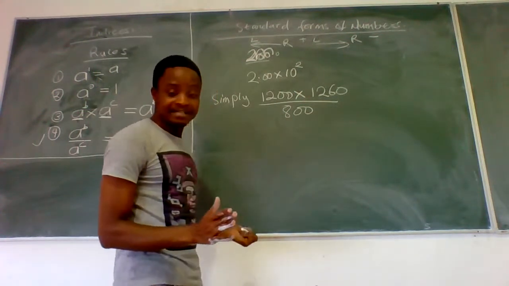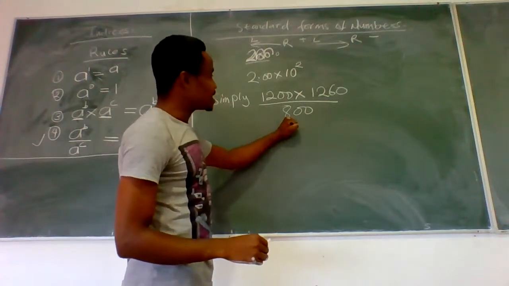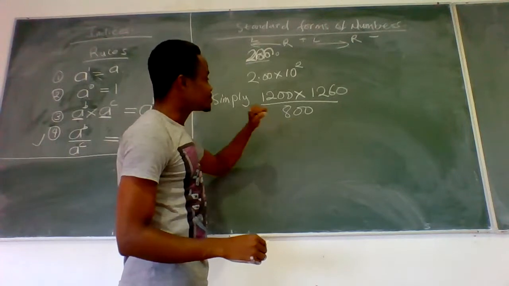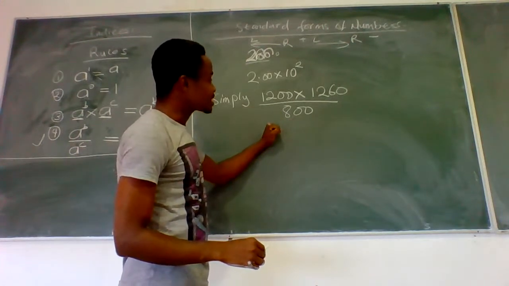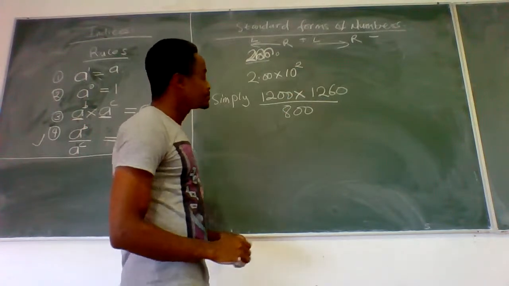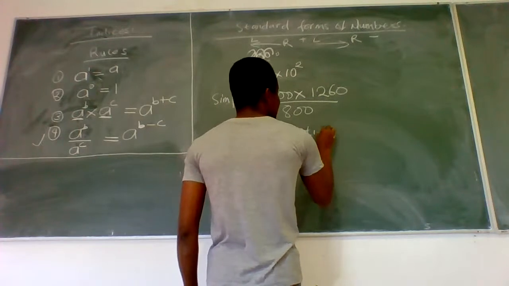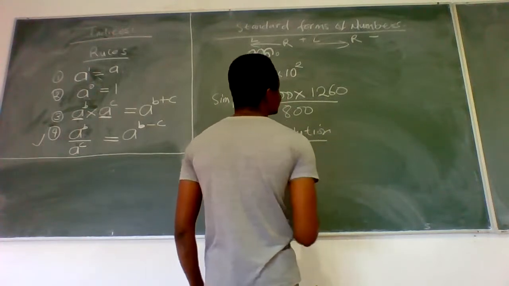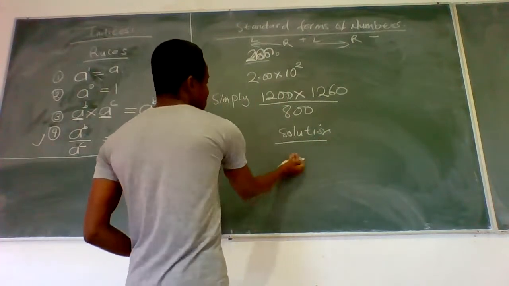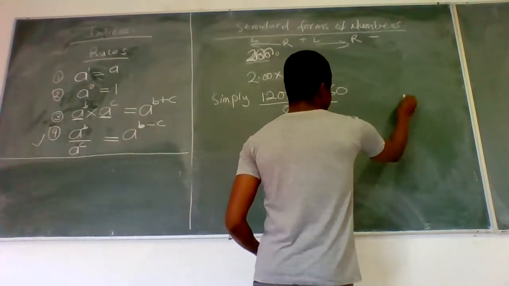So it's two things: either you simplify first and afterwards convert your answer to standard form, or you put this into standard form and then simplify. So let's simplify first before we convert it to standard form.